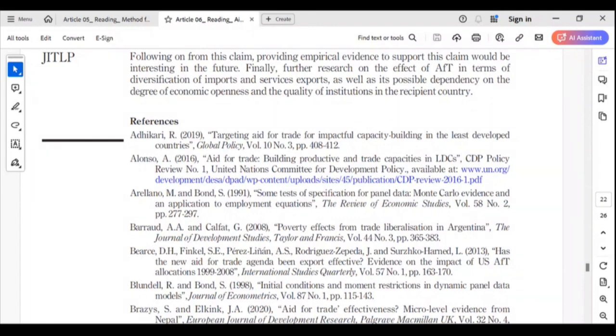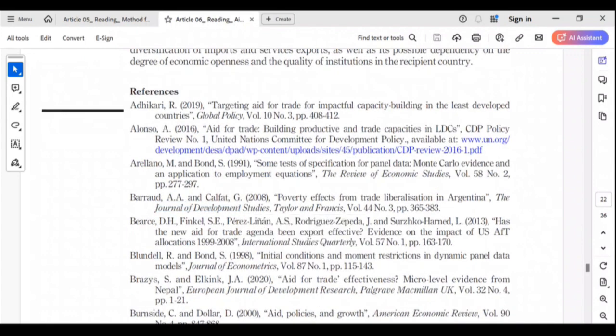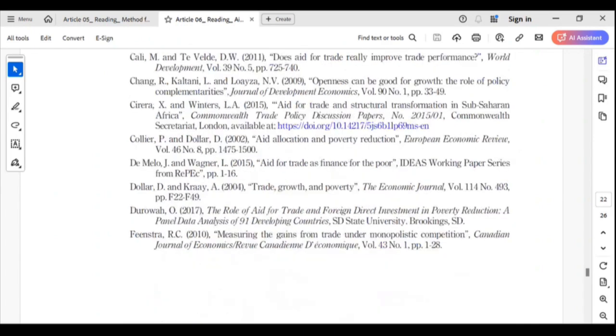You have quoted some journals here, for example Global Policy, Journal of Development Economics, International Studies Quarterly. From the journals that you have quoted, you try to do a descriptive statistic.